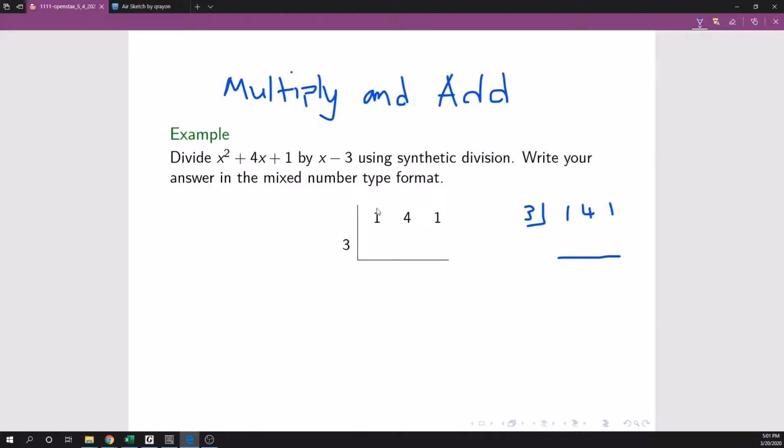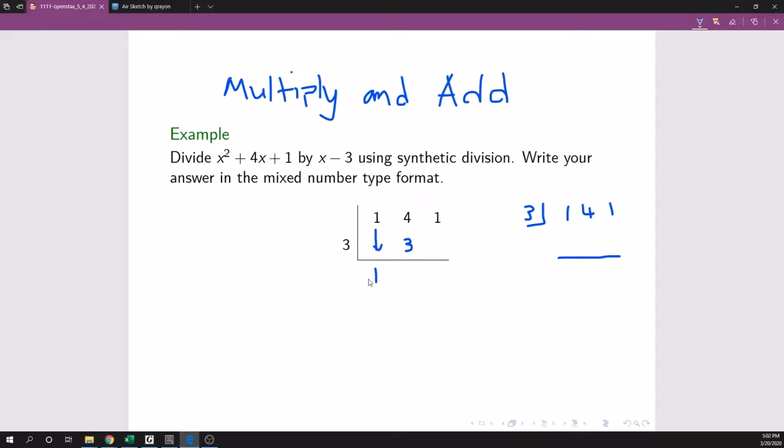Okay, so what you do to kick off synthetic division is you bring the 1 down. So this 1 just drops straight down. You don't do anything with it. Okay, and then after you bring that down, that kicks off this multiply and add phase. So you're going to multiply. 3 times 1 is 3. That number goes here.